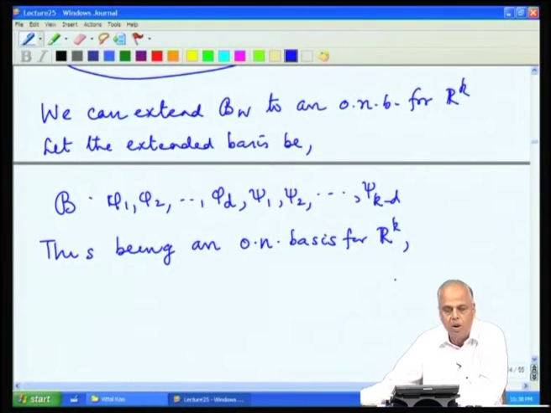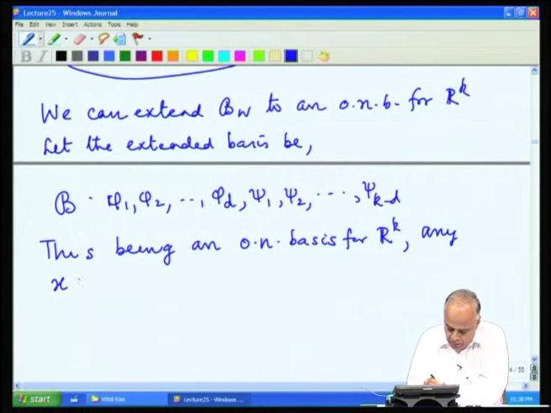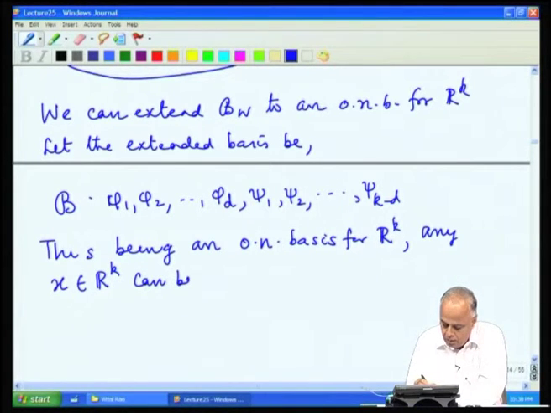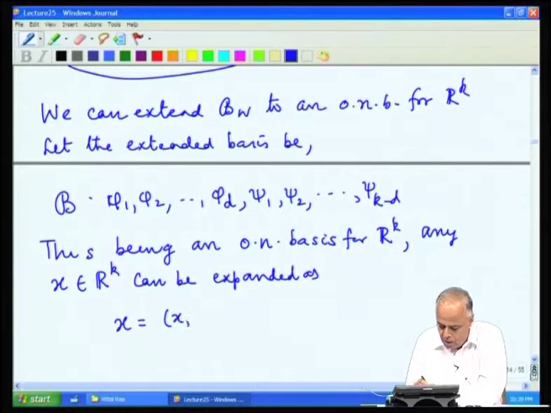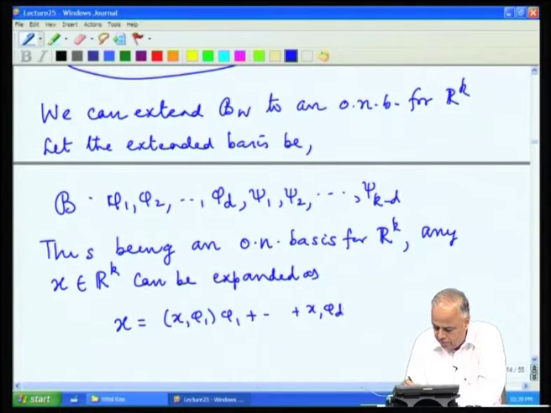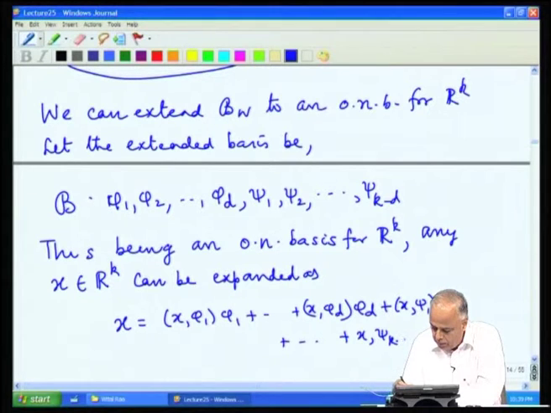Any x in R k can be expanded as x equal to the inner product of x and phi 1 times phi 1, plus etcetera, the inner product of x and phi d times phi d, plus the inner product of x and psi 1 times psi 1, plus the inner product of x and psi k minus d times psi k minus d.